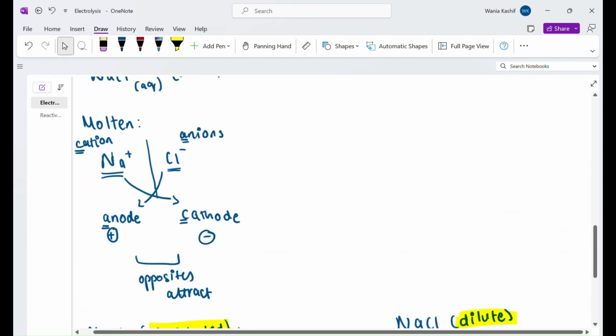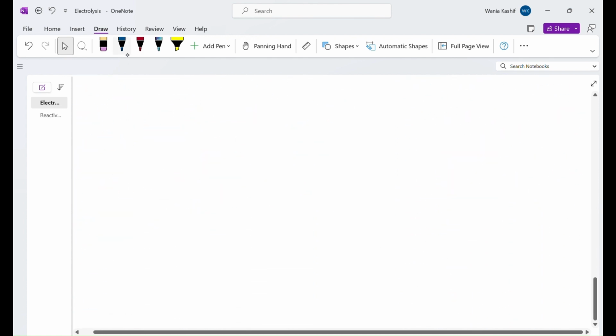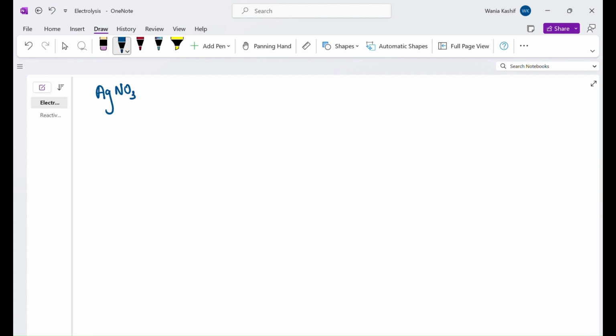One last example that I would like to discuss is silver nitrate. Not ion, ionic compound. Aqueous.